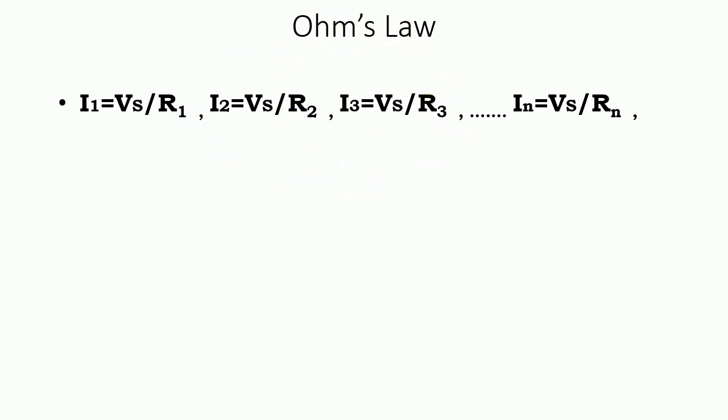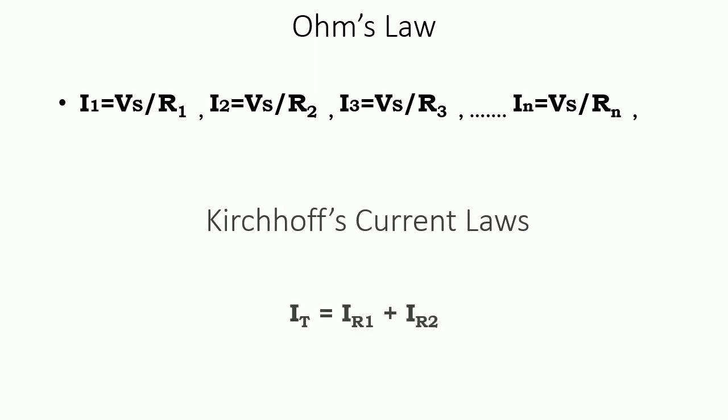So hanggang sa last number of resistor in parallel. And according naman kay Kirchhoff's current law, to get the total current, we add the individual current in a resistor. So, I sub t equals I in R sub 1 plus I in R sub 2. And so on.